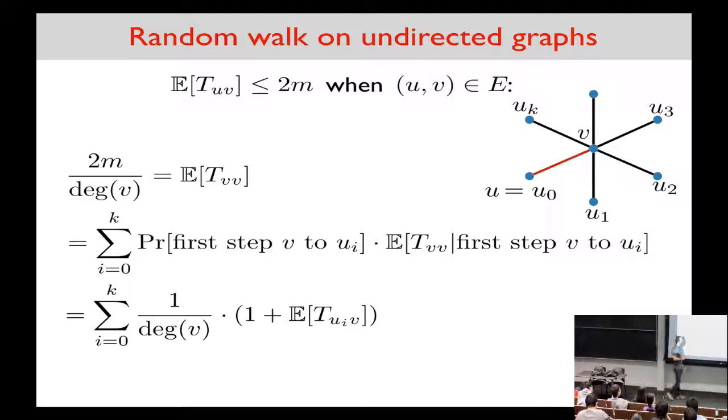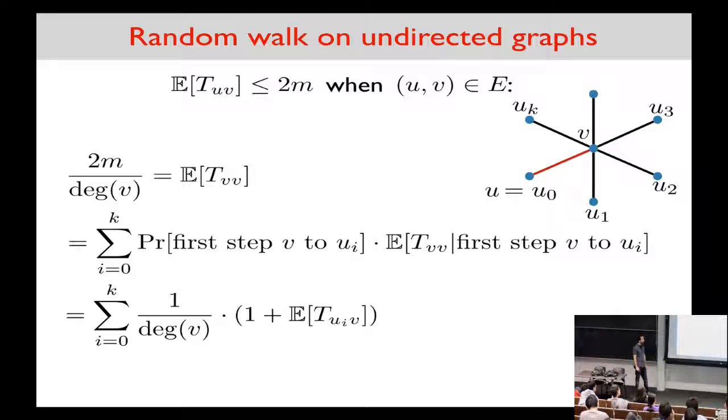And if you tell me that the first step is V to UI, then the time it takes to go from V to V is going to be 1, the step that you took, V to UI, plus the time it will take you to then go from UI to V. So you can write this.